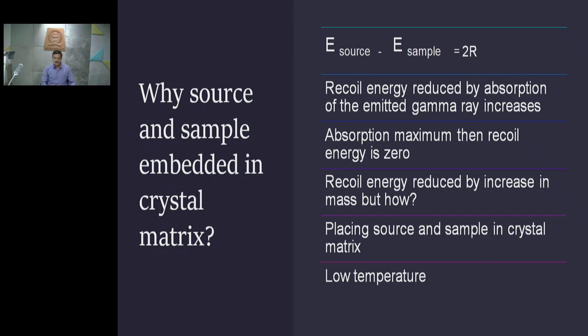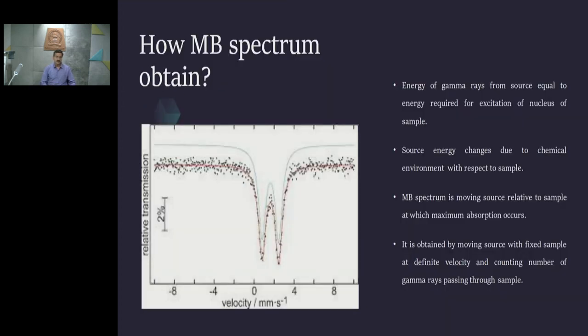Recoil energy is reduced by increasing mass, but how? This is answered by placing the source and sample in a crystal matrix at low temperature, because at high temperature there is thermal vibration. At low temperature that vibration is less and there is very little loss of recoil energy, and the recoil energy would be 0 in the solid matrix.